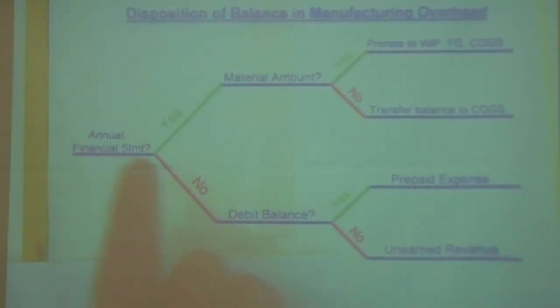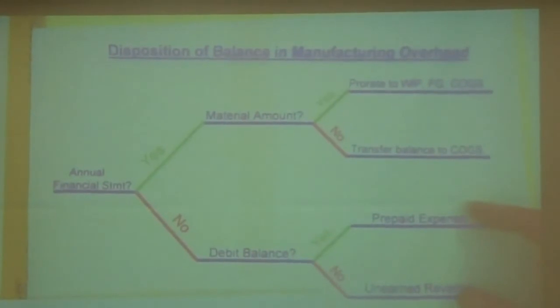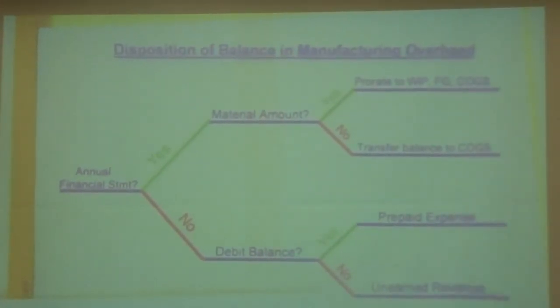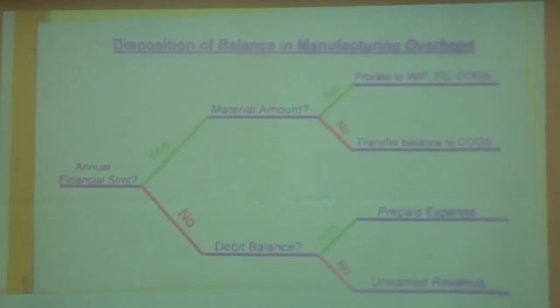We're preparing monthly financial statements. It depends on its balance. I will have a hard time talking you out of writing down these. These are the book's terms. I'm going to give the explanation that goes with it, which I believe would be better. One of these days I'll redraw that decision tree and put my own words on it and be more content with it. It goes on the balance sheet.